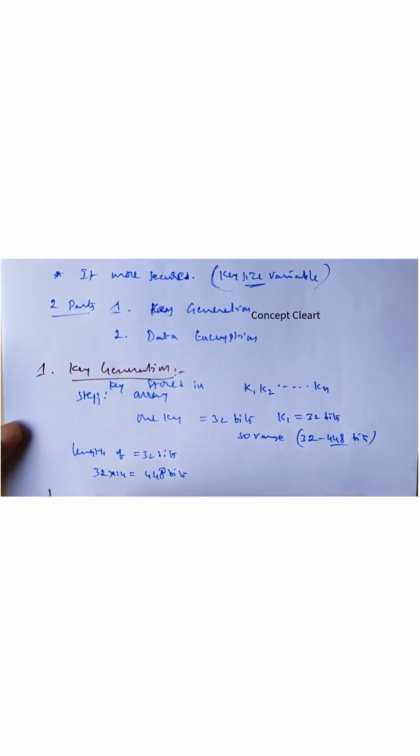This is the first step. What is the second step? In the second step, the original key is divided into subparts.